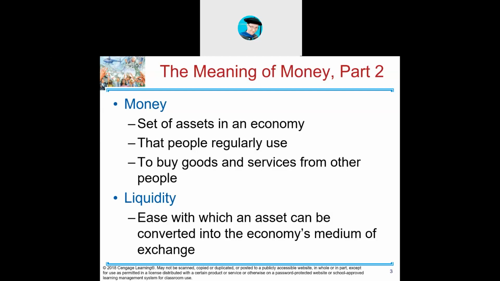So I just mentioned that cash is the most liquid asset, right? Liquidity simply means, in accounting terms, how quickly I can convert assets into cash. That's what liquidity means.